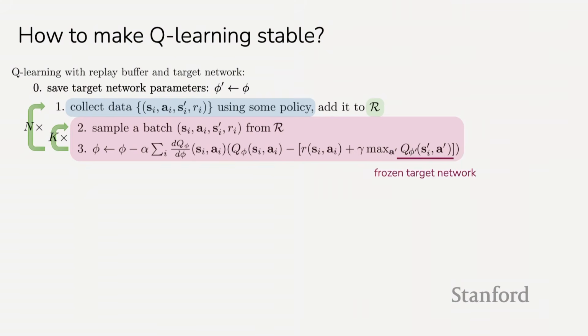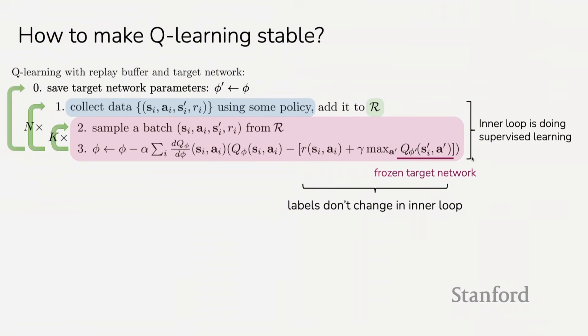These parameters will be frozen, and so inside this inner loop, the labels will not change. And so this inner loop is essentially doing supervised learning with some data being added to the replay buffer. And this would be a lot more stable. Supervised learning is generally a lot more stable. And then only periodically do we update our target network parameters to be the same as our latest Q function.